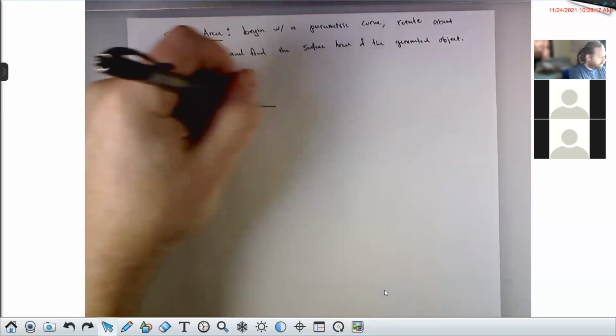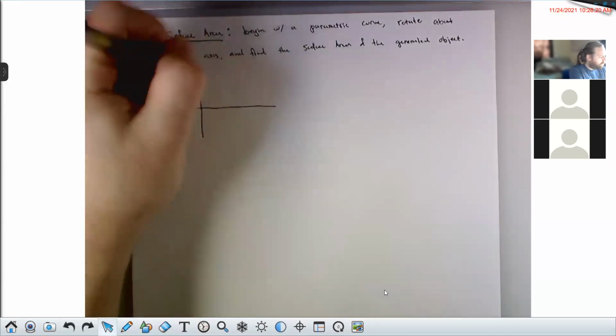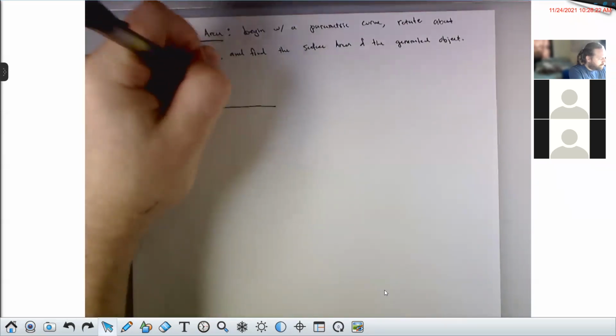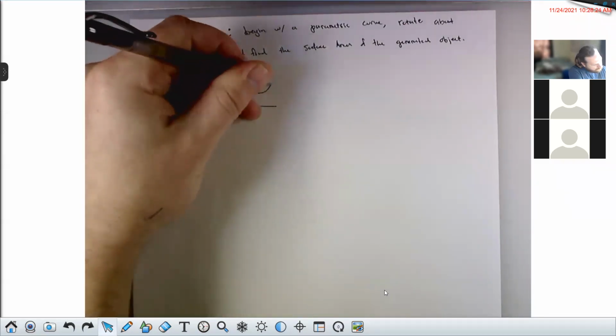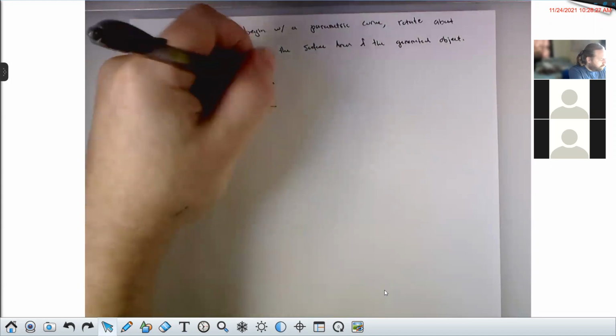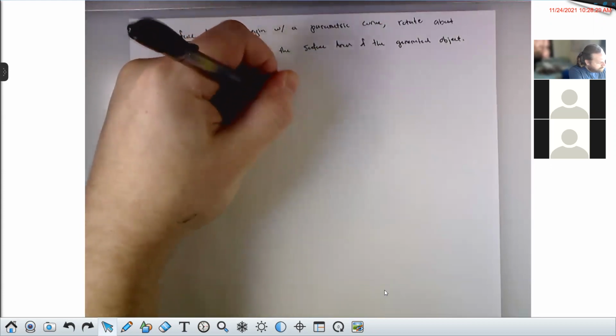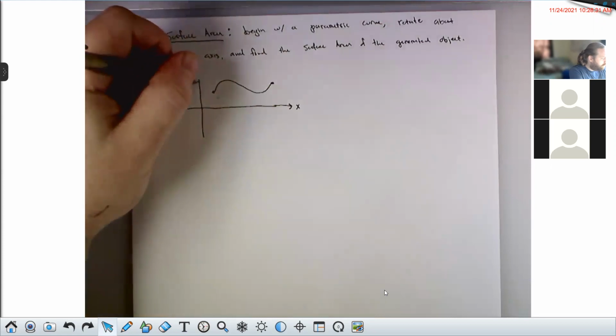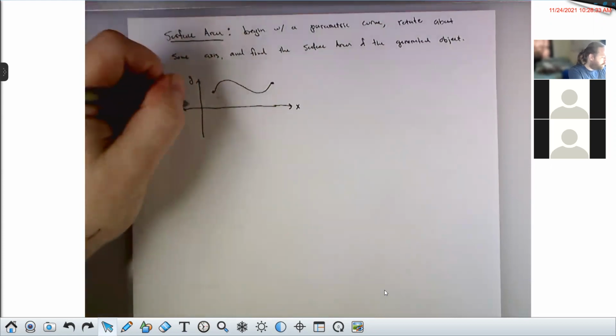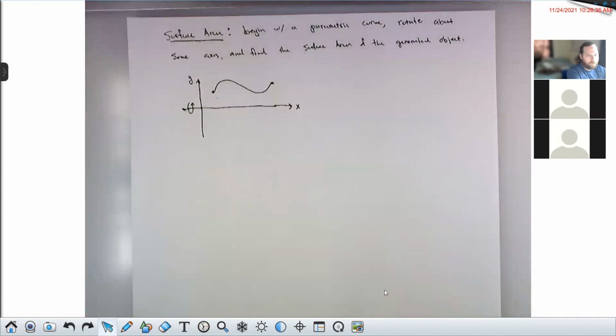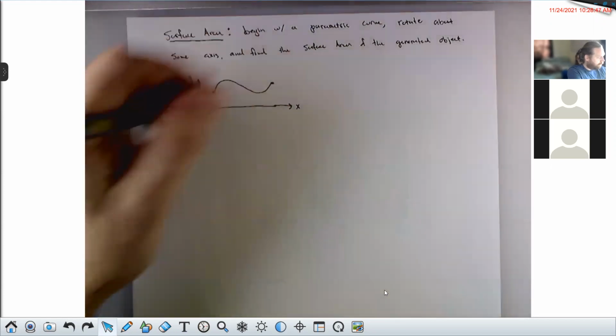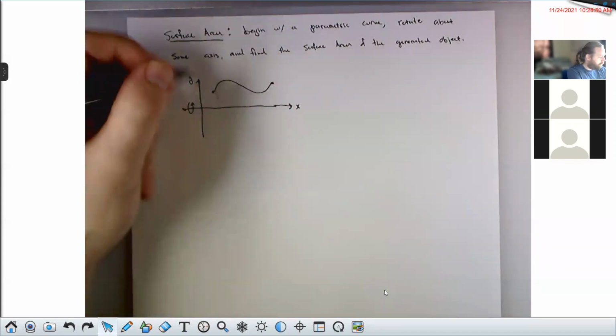So if I take some parametric curve, nice and simple like this, with the x-axis and y-axis, and I rotate this about the x-axis, that's going to generate what you might call a manifold or a surface, a three-dimensional shape. I can do my best to try and draw that for you.